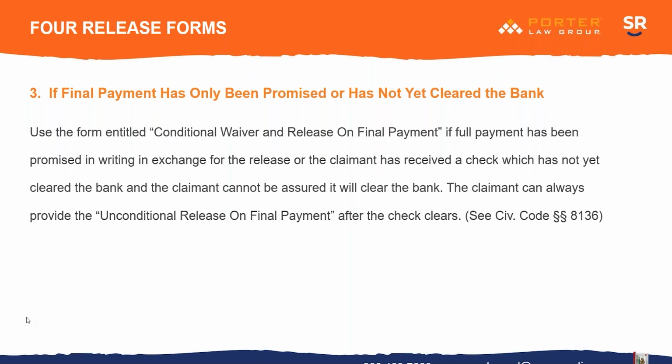But here's the problem with giving an unconditional waiver and release on final payment. The problem is that what if the check doesn't clear? Well, then you've still given an unconditional waiver and release. That's why you have to use a conditional waiver and release on final payment in exchange for the check or when you don't know if the check has cleared yet.